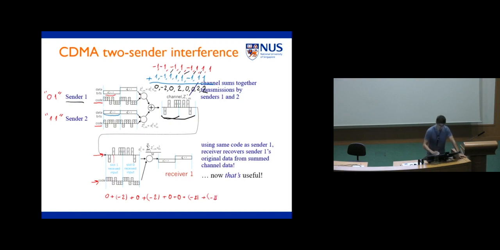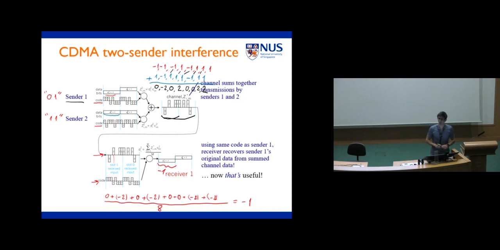Over, obviously, the length of the chipping sequence, and what I have is minus 1, which is what I have here. So even in the presence of an interfering signal, the receiver was able to decode the original sequence sent by the first sender using CDMA.